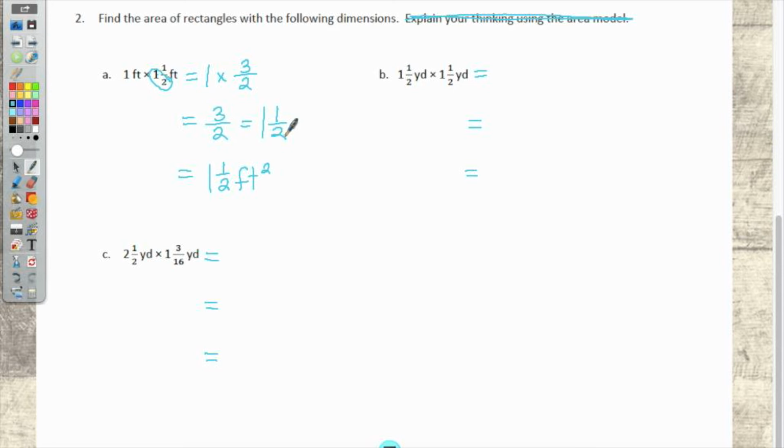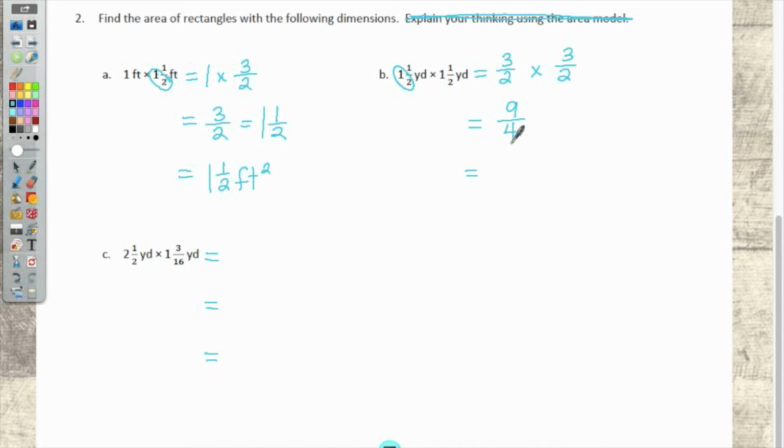B. Josue, help me with my improper fractions. So 1 times 2 plus 1. Oh, we just had that. Dara, what's 3 halves times 3 halves? 9 fourths.